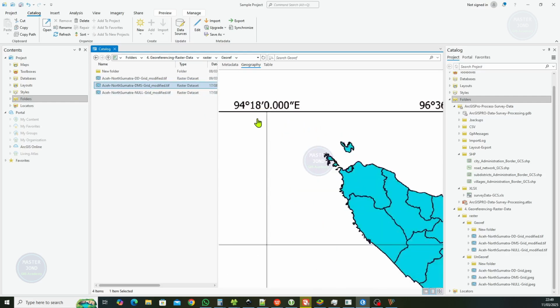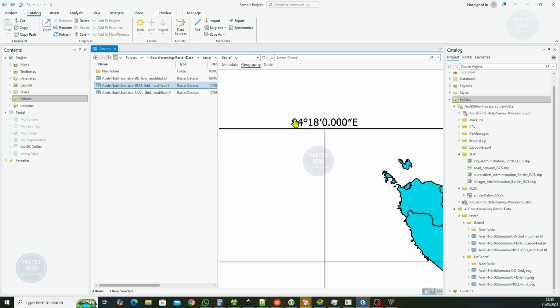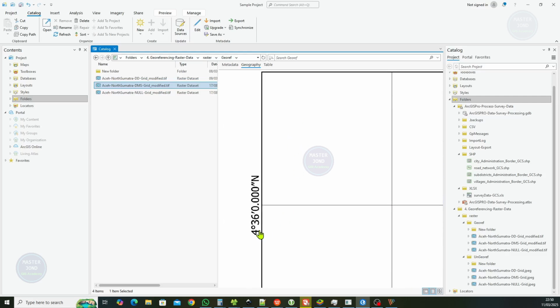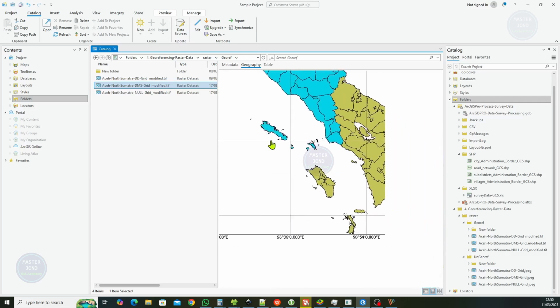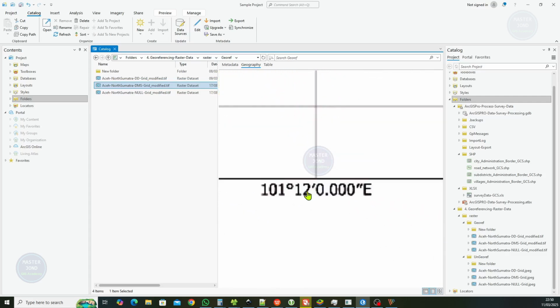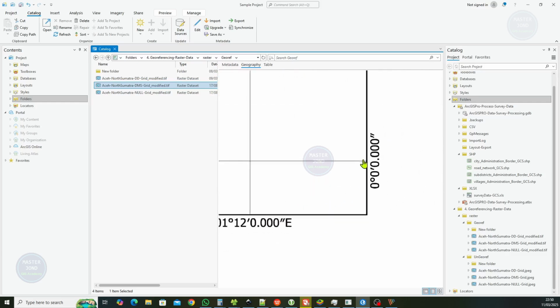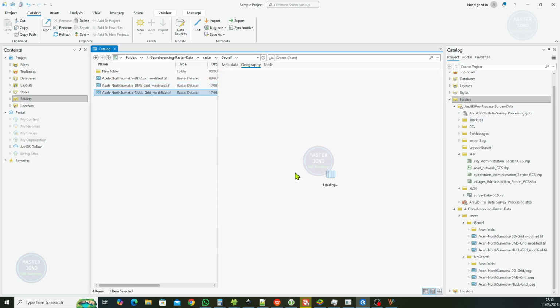So let's take a look at the numbers here. This is 94 degree, 18 minute, 0 second east for longitude. Here we have 4 degree, 36 minutes and 0 seconds north for Y or latitude. This is degree, minute, second. Degree, minute, second.